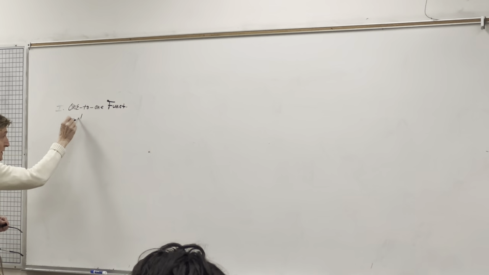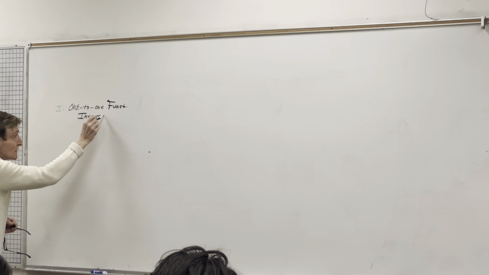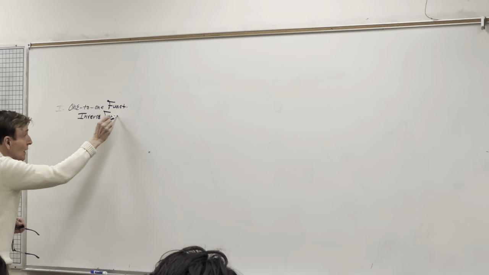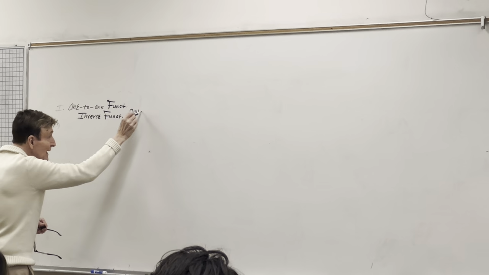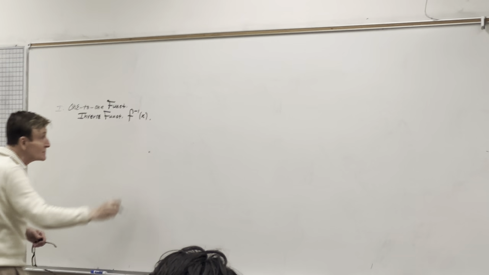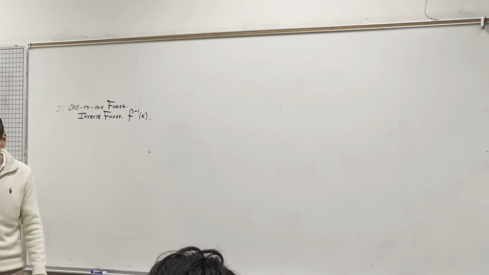And put this word underneath: inverse functions. And we're going to show that notation to indicate if they want an inverse, one-to-one function, along with trying to find the inverse of a function.